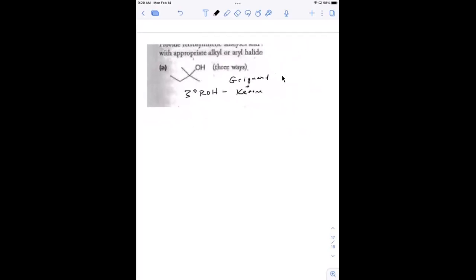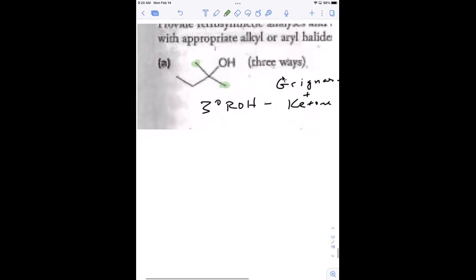It's the 2 methyl groups. Okay. And then the alkyl chain. Here, and here. Yeah. All right. I agree with that.